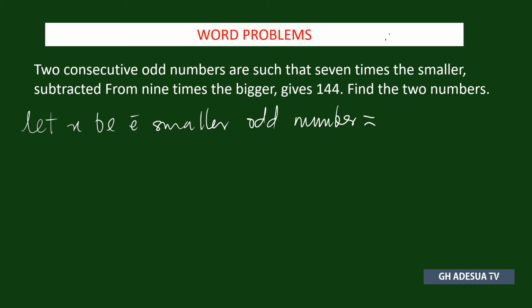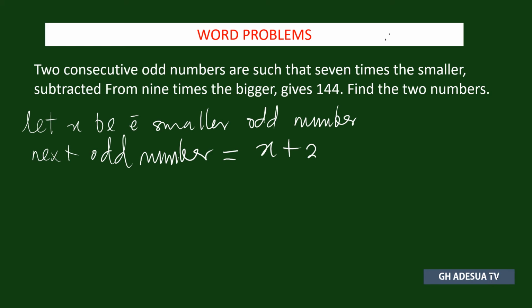So let x be the smaller odd number. Then the next odd number, certainly the bigger odd number, will be x plus 2. Now the question says that they are such that 7 times the smaller subtracted from 9 times the bigger.